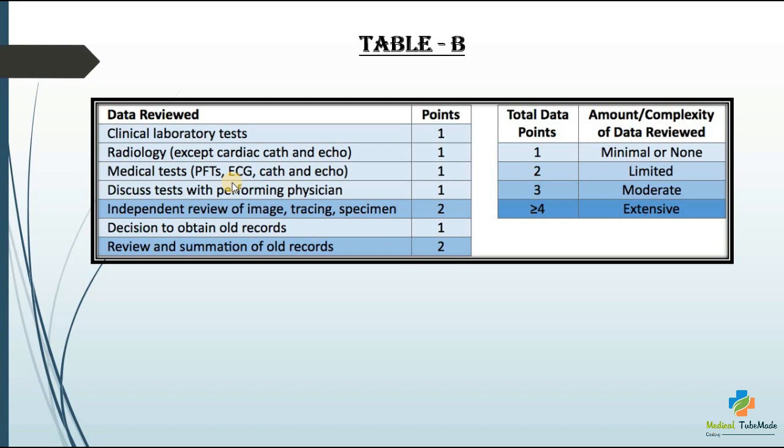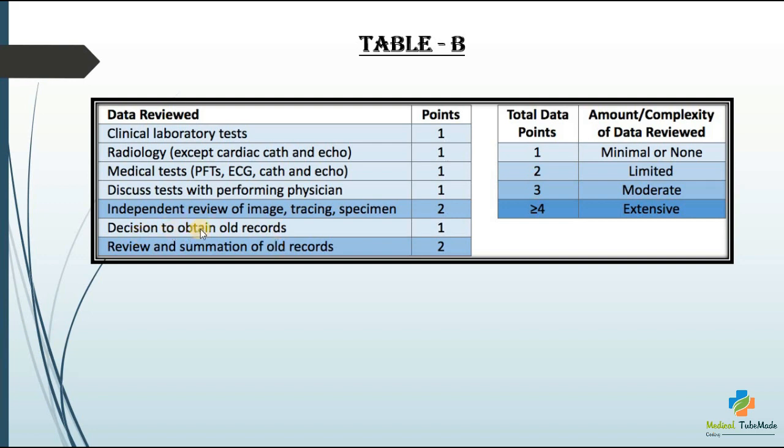Suppose any test discussion is given with the performing physician, you can take 1 point. Then independent review of image, tracing or specimen, we can take 2 points. Independent review means it should be separately and properly reviewed. And then the next point, discussion to obtain old record.